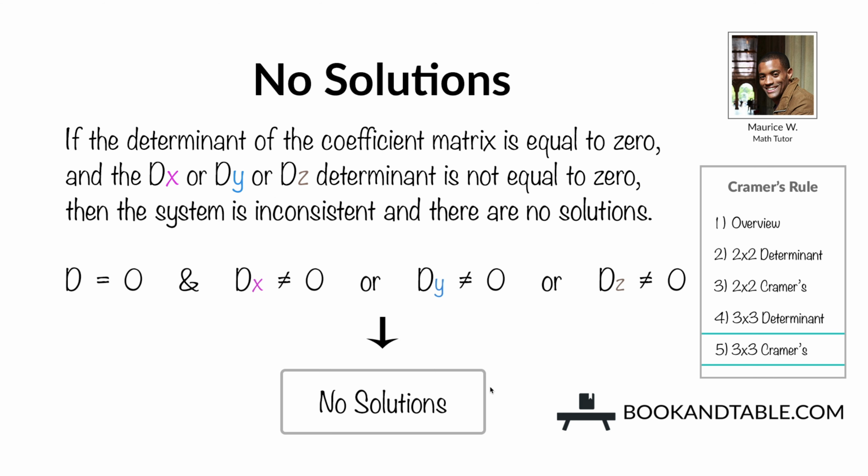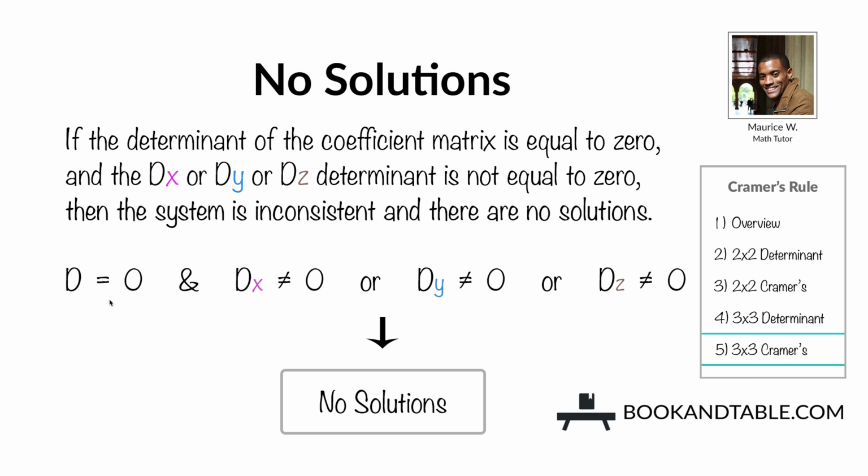But in the case where the determinant of the coefficient matrix is equal to 0, and the dx or the dy or the dz determinant is not equal to 0, then the system is considered inconsistent and there are no solutions.